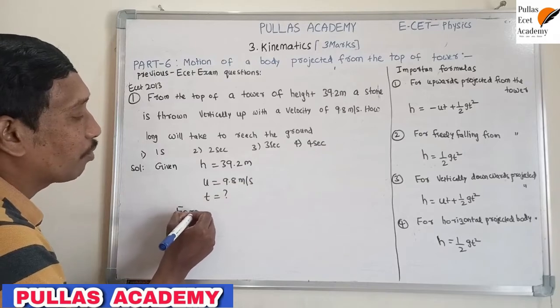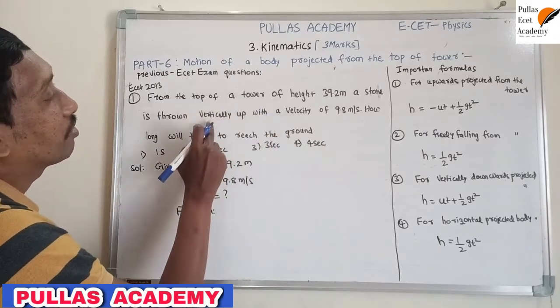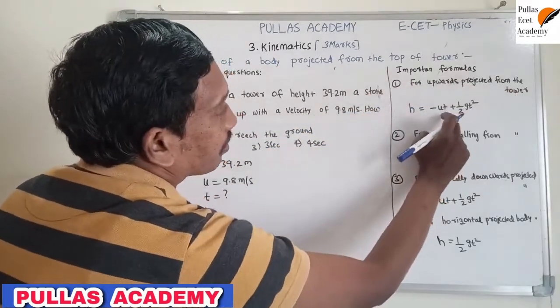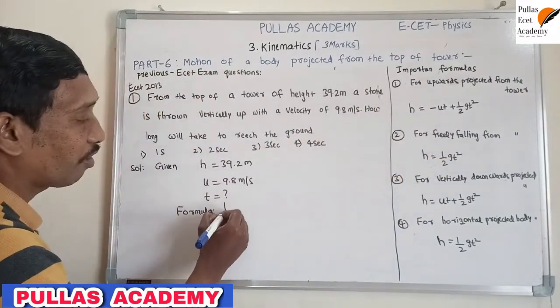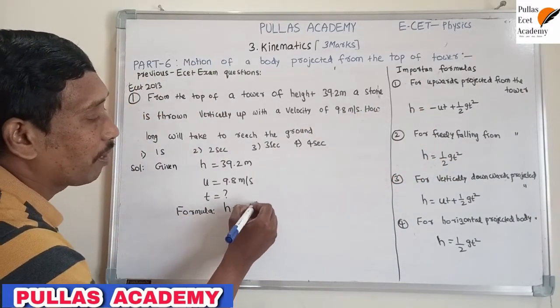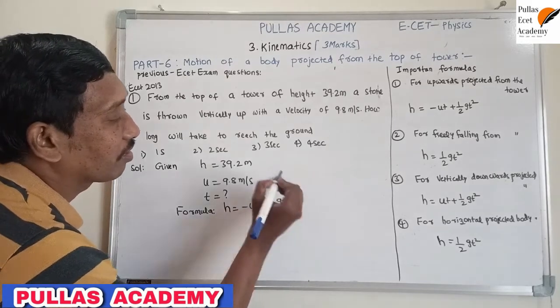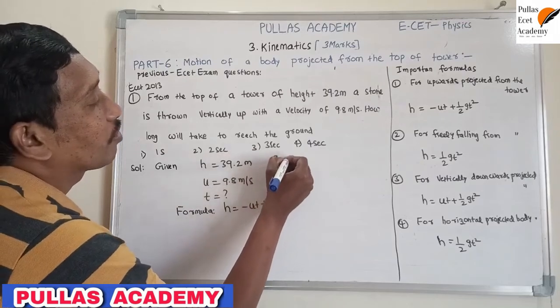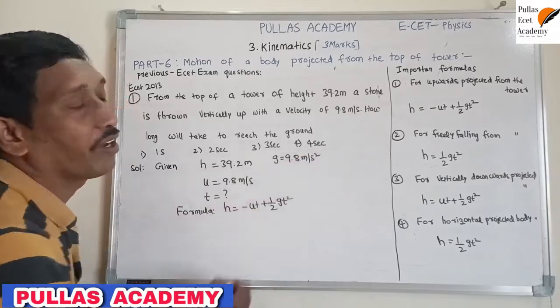Which formula do we have to use here? It is projected vertically up. When projected vertically up from the top of the tower, use this formula. In this way you have to recognize it. That's why the formula is h equals minus ut plus half gt square. Here g is not given because it is a known value. You have to substitute 9.8 meter per second square.